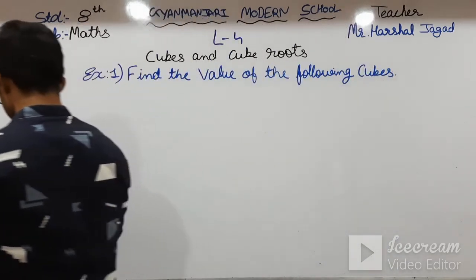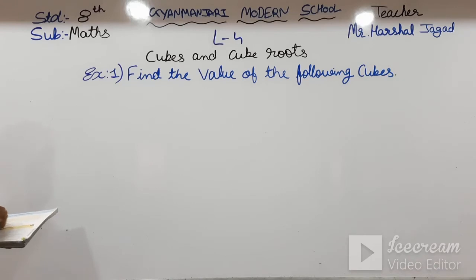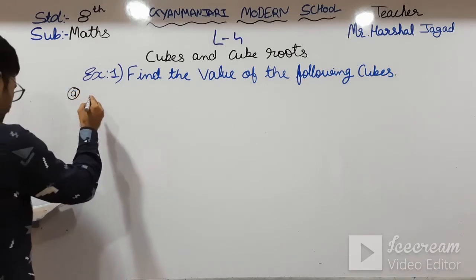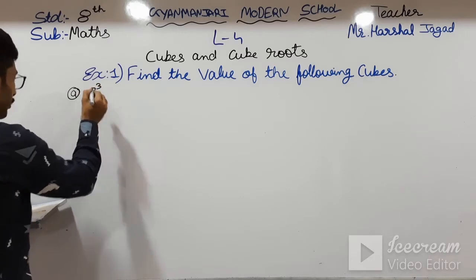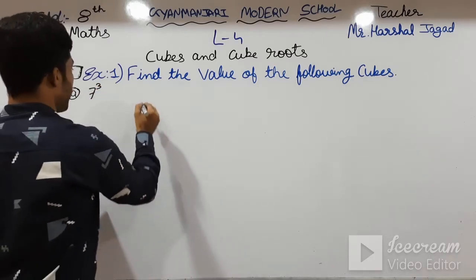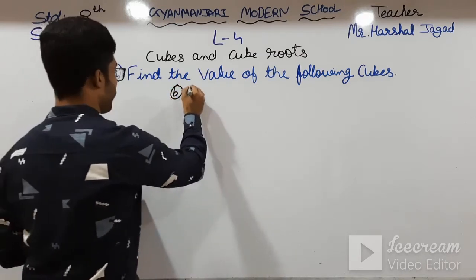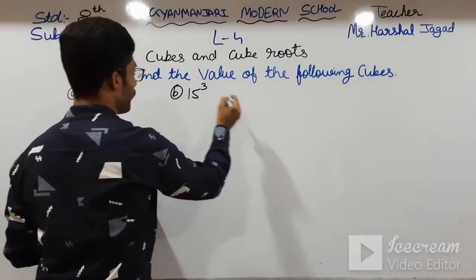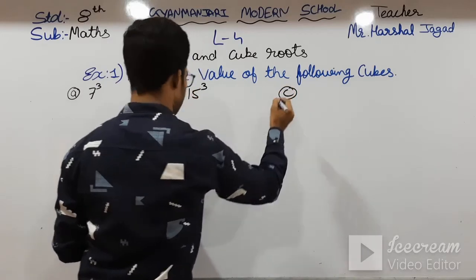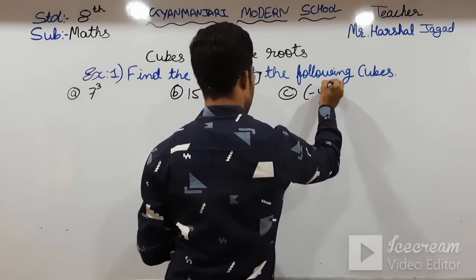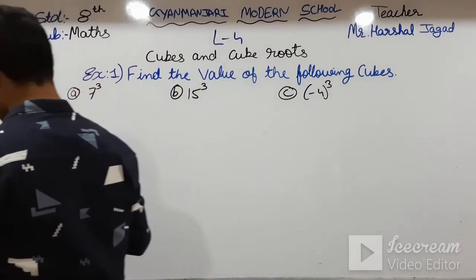So here are the examples we will solve one by one. Here A is 7 cube, B is 15 cube, C is minus 4 cube.